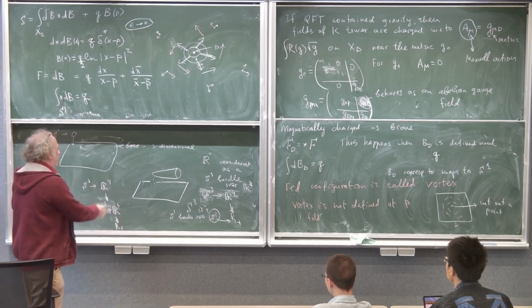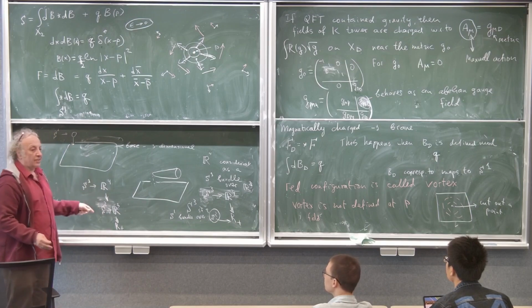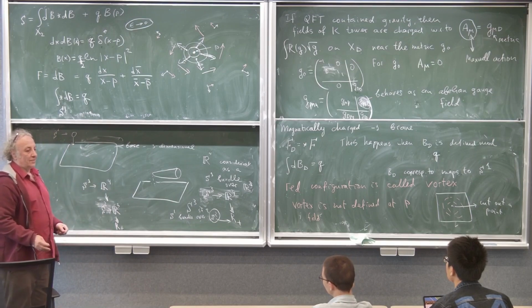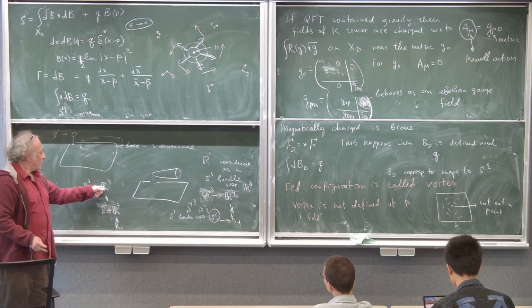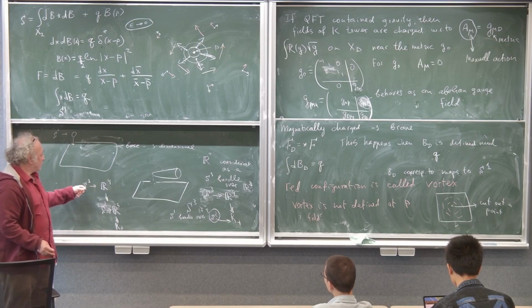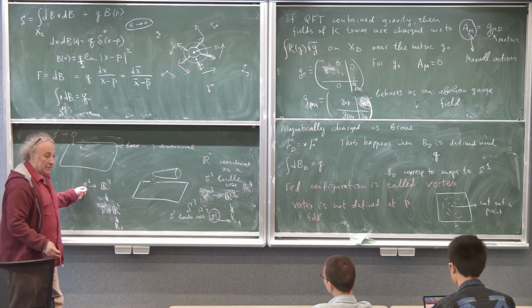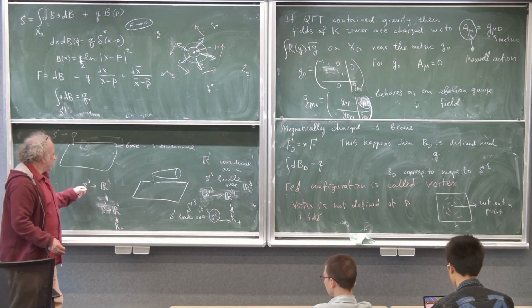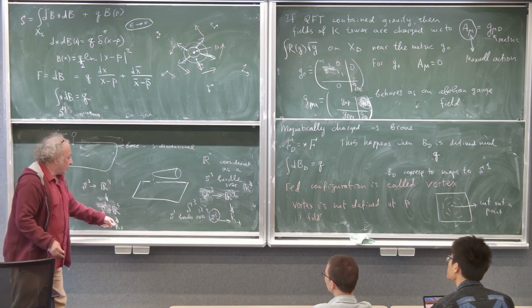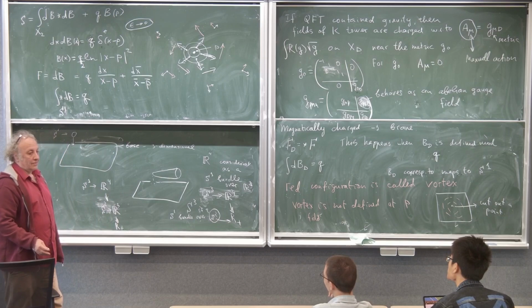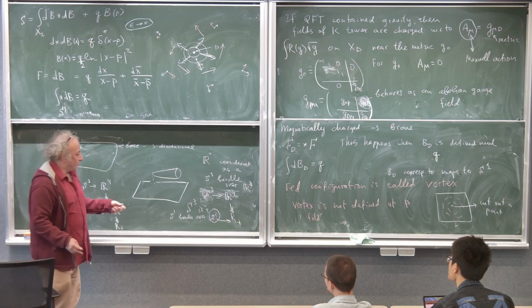So I'll rearrange things in this way. So the statement: R4 is an S1 bundle over R3. How can I do it?